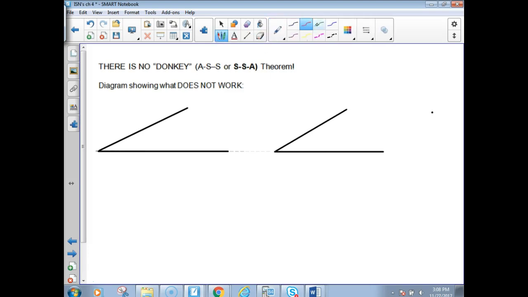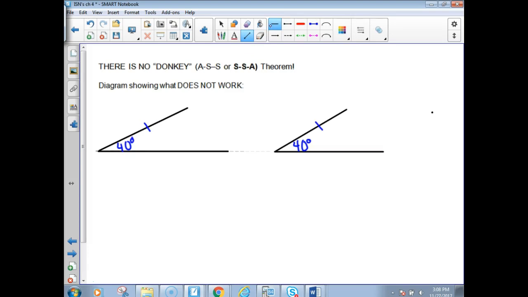And their lengths right here are the same. And this angle is 40 degrees. Let's say it's about 40. I know it's close. Okay? So say that angle is 40 degrees, and then these segments are the same. So far I've got an A and an S. All right, I'm ignoring this side. So I'm going to show you why ASS doesn't work.